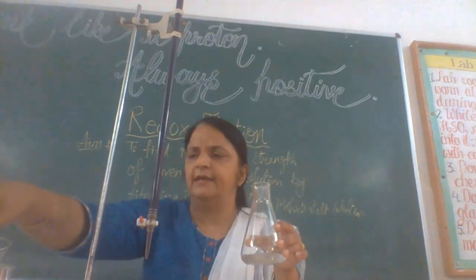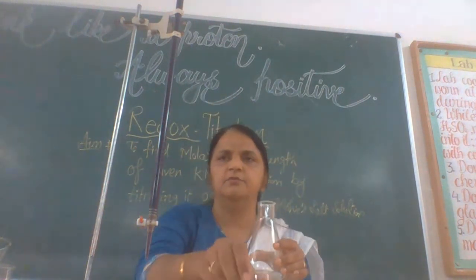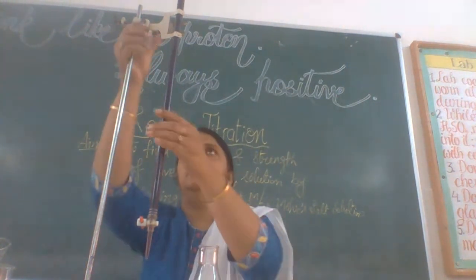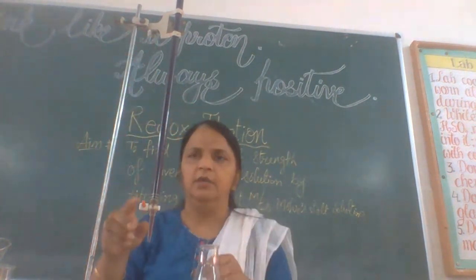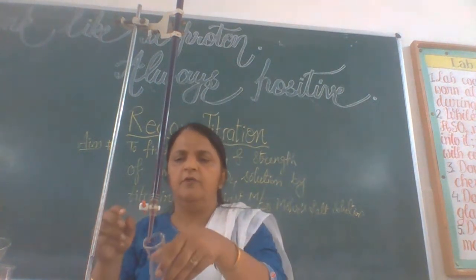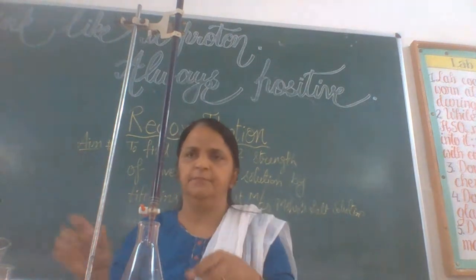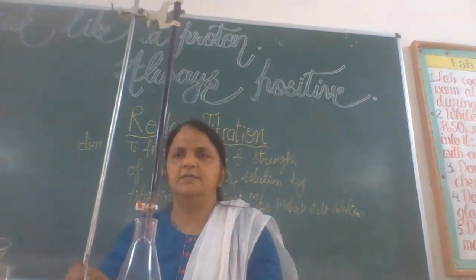And now we'll start titration. Titration means we'll now make these solutions react. We'll mix them together and we'll use this stopcock for the solution to be added to the reducing agent, you can say.